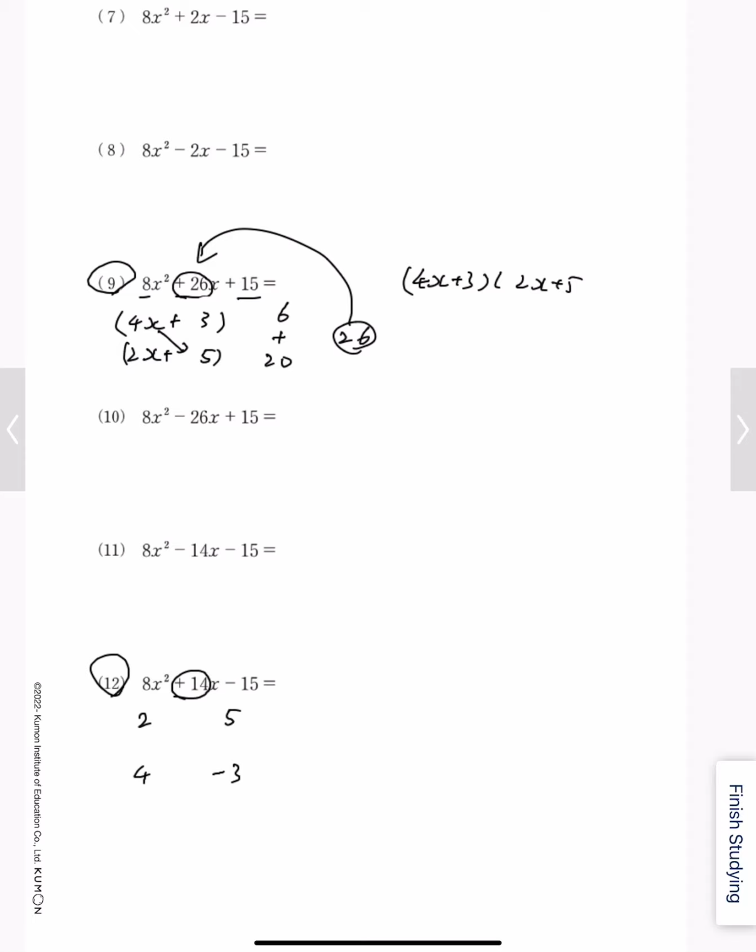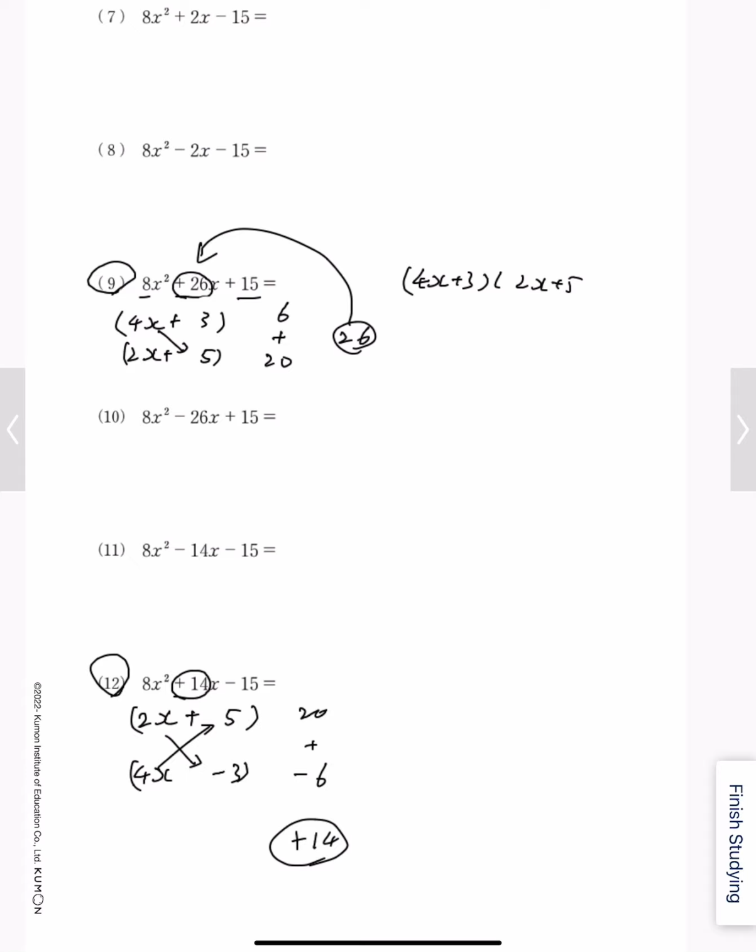Notice that 5 times negative 3 is gonna give you negative 15, which should match the C. All right, so let's cross multiply and see if that's right. 2 times negative 3 is negative 6. 4 times 5 is 20. When you add together, these two numbers will give you positive 14. So perfect. 2x plus 5 and 4x minus 3 is my final answer.